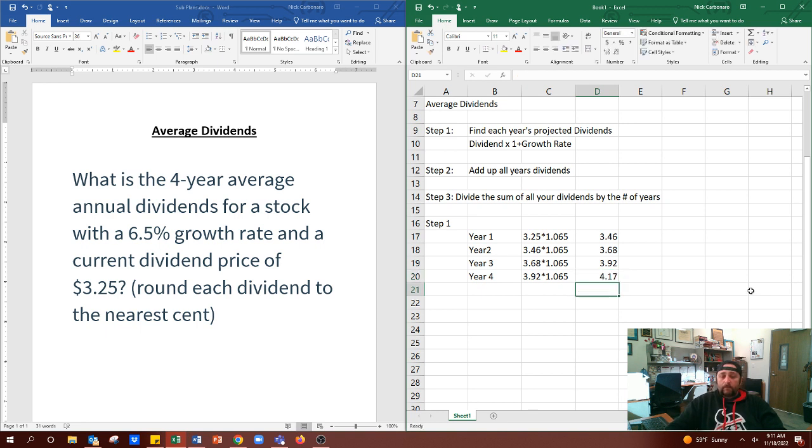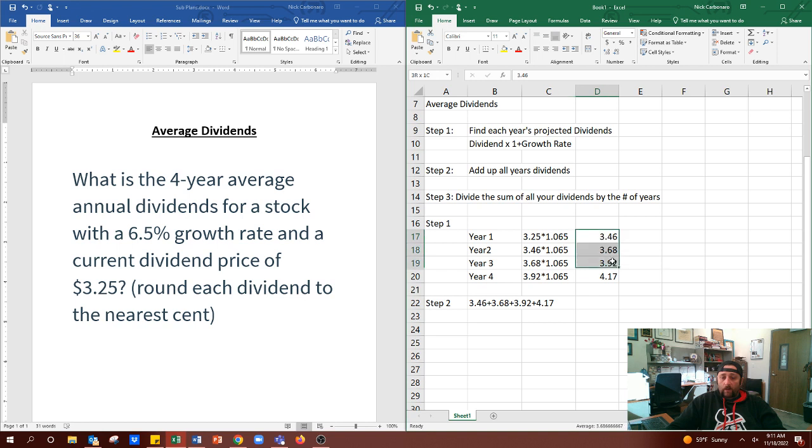All right, now that we did step 1, let's head over to step 2. Remember, step 2 says add up all the year's dividends. So what we're trying to do is go 3.46 plus 3.68 plus 3.92 plus 4.17.